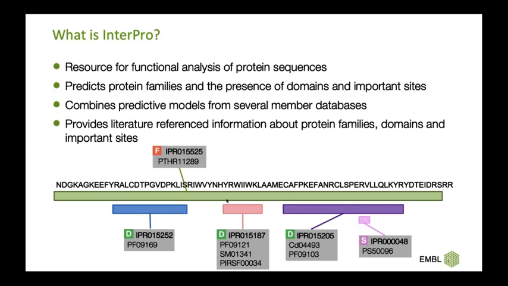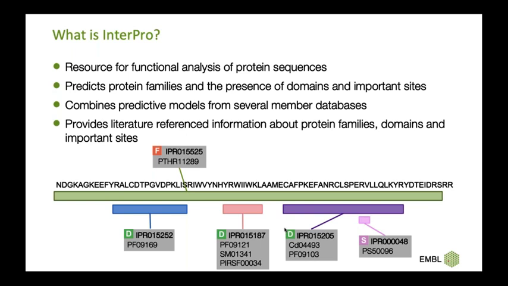So in this example here, each gray rectangle represents an InterPro entry, which has an InterPro entry type, an identifier, and contains one or more member database signatures, as you can see.